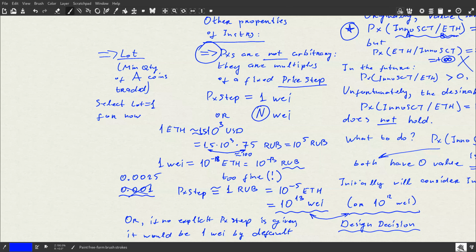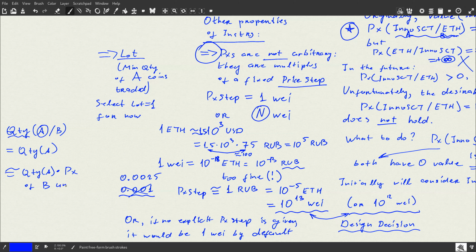And it is very important, quantity of the instrument, QTY, is the quantity of the instrument AB. It is measured in the units of A. It is the quantity of A, and it is equivalent, obviously, to quantity of A times price, whatever the price is, of B units.